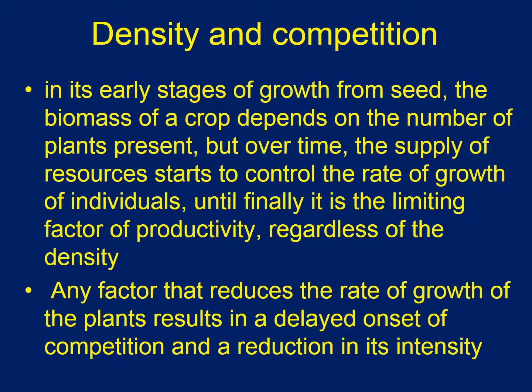So we have an initial phase depending on plant population and a final phase where crop growth depends only on resource availability. Any factor that reduces the rate of growth of the plants results in a delayed onset of competition and a reduction in its intensity.